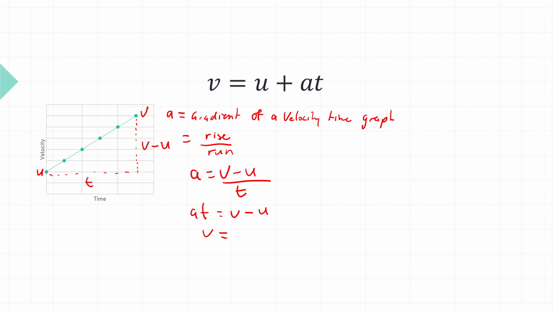So that gives us u plus at. Now you'll notice that v equals u plus at essentially is just a rearrangement of a equals v minus u over t, where v is now the subject. So that's our first equation, quite simple to be able to determine that one.